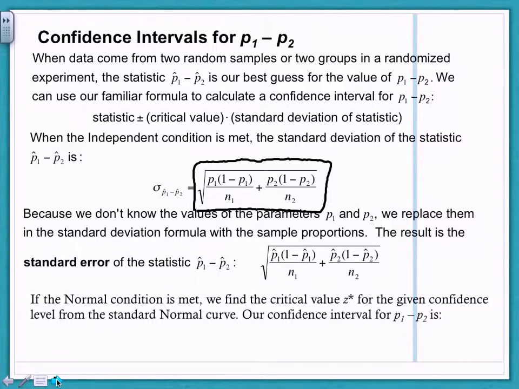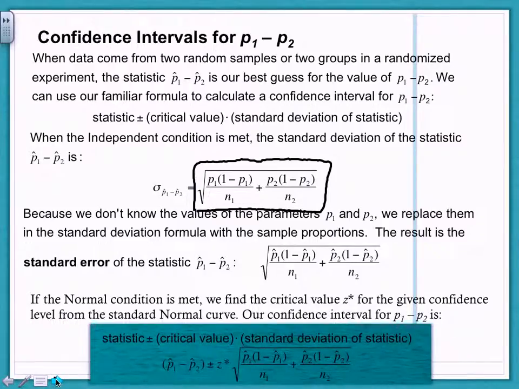If the normal condition is met, we find the critical value for the given confidence level from the standard normal curve. Our confidence interval for the difference between them is as follows.